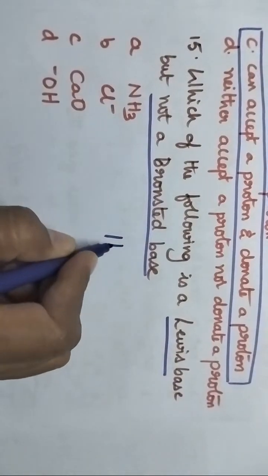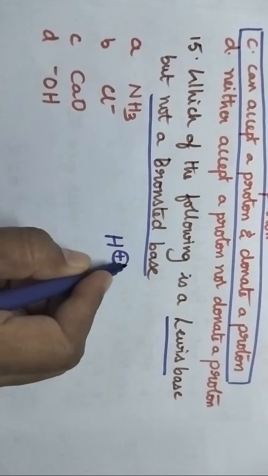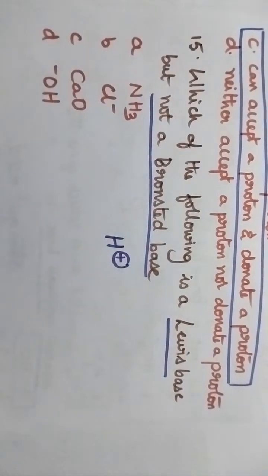It can accept a proton, isn't it? You have to identify which of the following will not accept a proton. No, priceless brains. OH minus will accept a proton and becomes H2O.